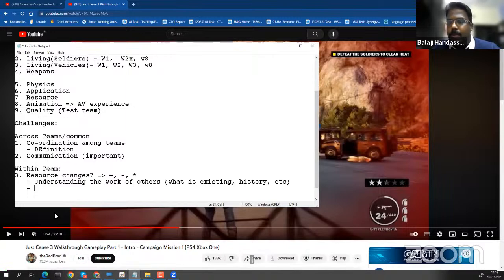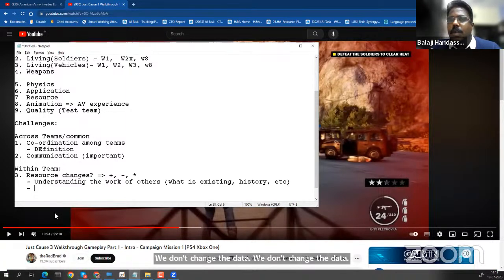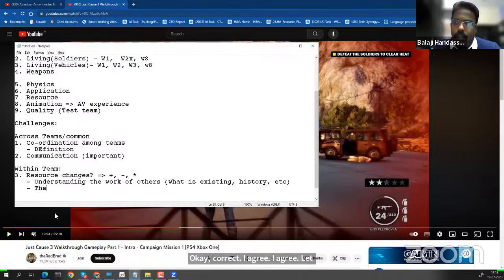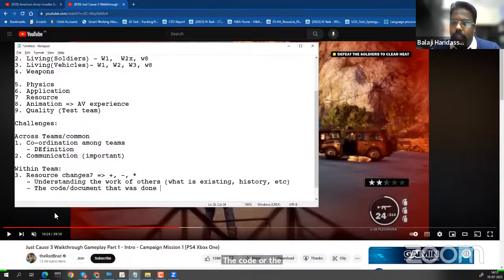Without changing the old data, before they develop, we have to modify. Correct, I agree. Let me give a clue. The code or the document that was done is too rigid, too complicated, which means to do a small change, I have to change the code in many places.